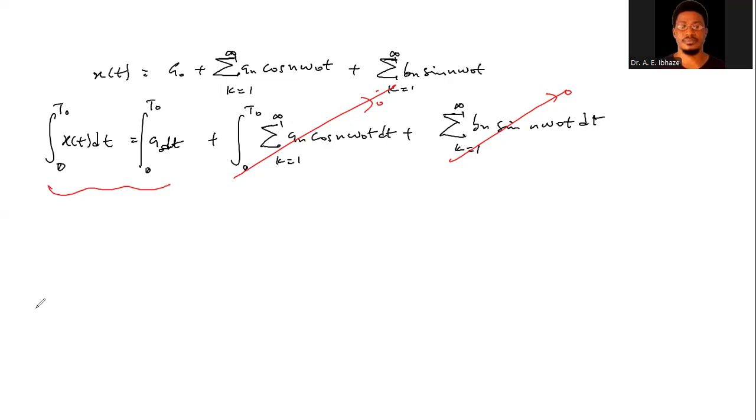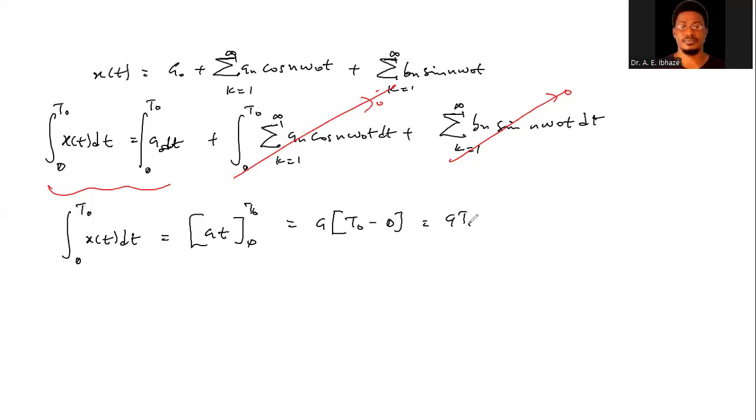Now, once we integrate this, we get integral 0 to T naught of s of t dt, which will be the same as A naught times T naught minus 0, which is equal to A naught T naught.